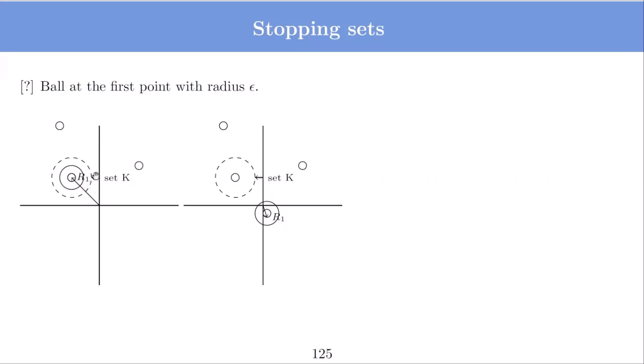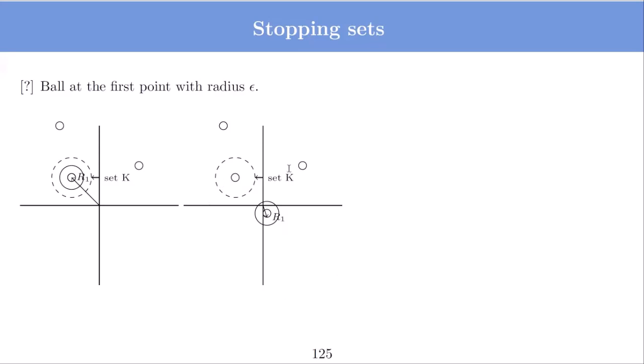But if you look at this set K, I need to only have information about the points in this set K. Just looking at these points in this set K, I cannot determine whether the closest point is inside this set or not, because suppose the closest point is here, and I have no information about what is happening outside this set K.